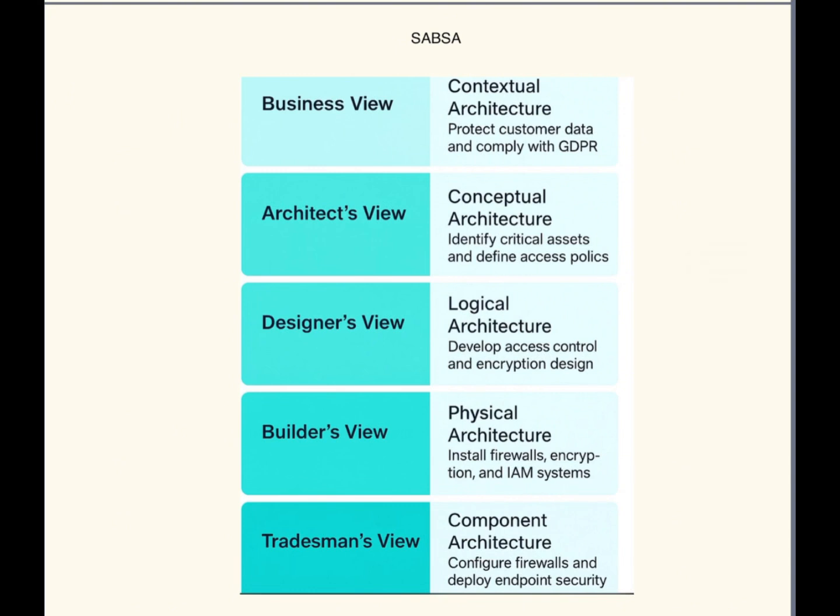Second thing is architect view, conceptual architecture. That means the audience is enterprise security architects, who focus on what needs to be protected and why. Define what assets, like customer data, are important and what high level policies apply. Right. Context discusses the business goals, business use case, and risk and requirements around that business.